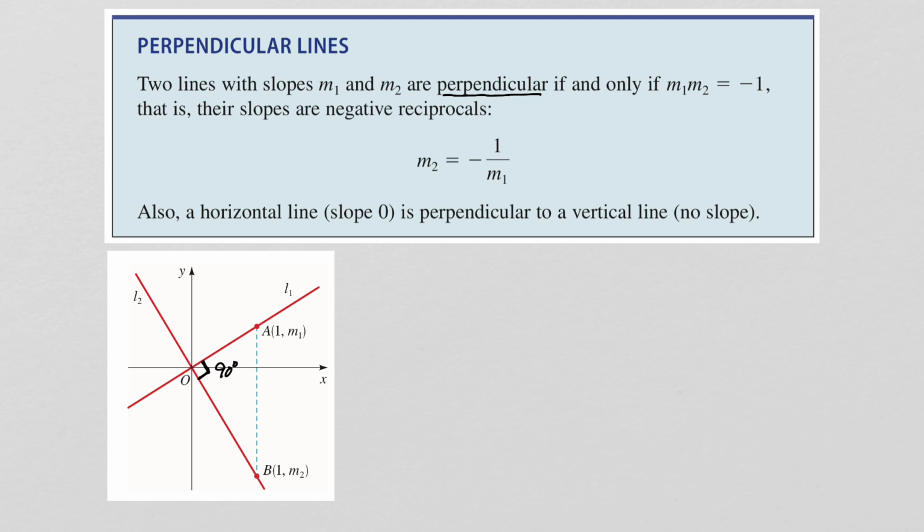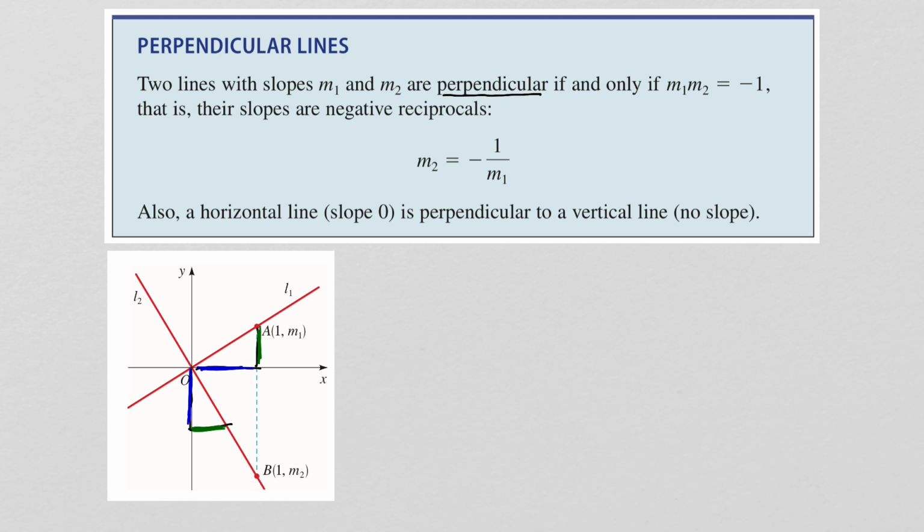So the slopes are going to have opposite signs. And also, whatever the rise is for one line, it's going to become the run on the other line. So if I draw a little triangle here for the slope, I want you to notice that the rise here is the same as the run here, and the run here is the same as the rise here.